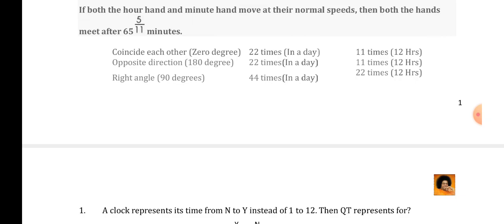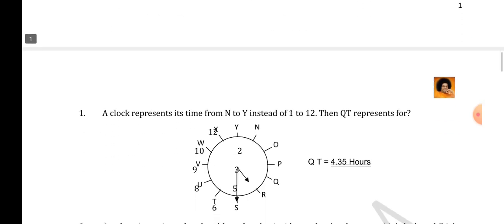That means both hands come to the same point 11 times in 12 hours and 22 times in a day. The minute hand and hour hand come in opposite directions 22 times in a day, and 11 times in 12 hours. They make a right angle, that means 90 degrees, 44 times in a day and 22 times in 12 hours. It is very important.